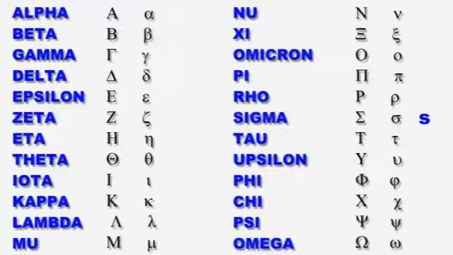You know, remember the giant in the fairy tale? Okay, so that's spelled out P-H-I. Then you have Chi, and that's spelled out C-H-I. And then you have Psi, and that's spelled out P-S-I, the P is silent, and then you have omega, and that's spelled out O-M-E-G-A.